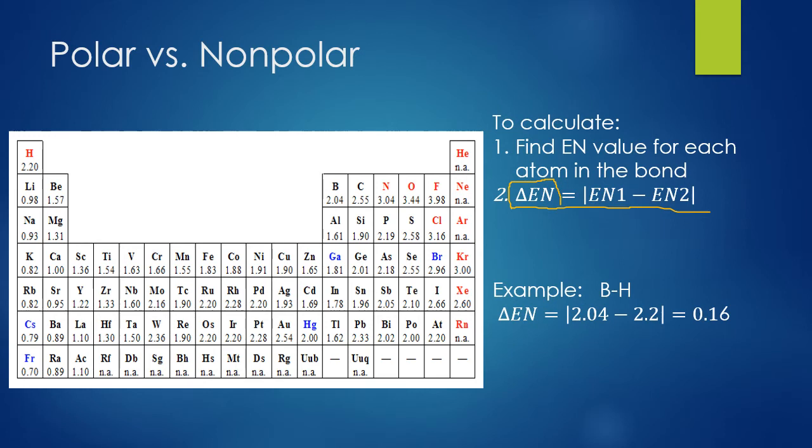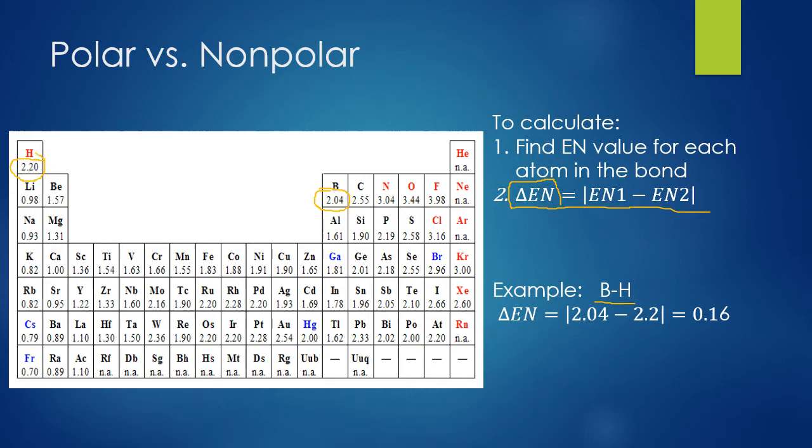So for an example, say we wanted to calculate the electronegativity change of a boron-hydrogen bond. We would find boron on our table and see that it has an electronegativity value of 2.04. We then would find hydrogen and see that it has an electronegativity of 2.20.